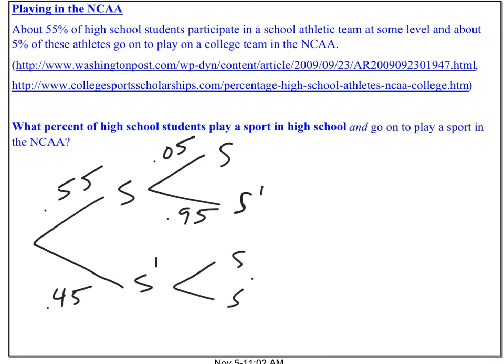Doesn't really say anything on this, but I'm assuming this is basically if they didn't play in high school, no chance they played in college. Maybe a few weird cases here and there, but I feel okay with those numbers. What percent of high school students played a sport in high school and go on to play in college? What's talking about this?